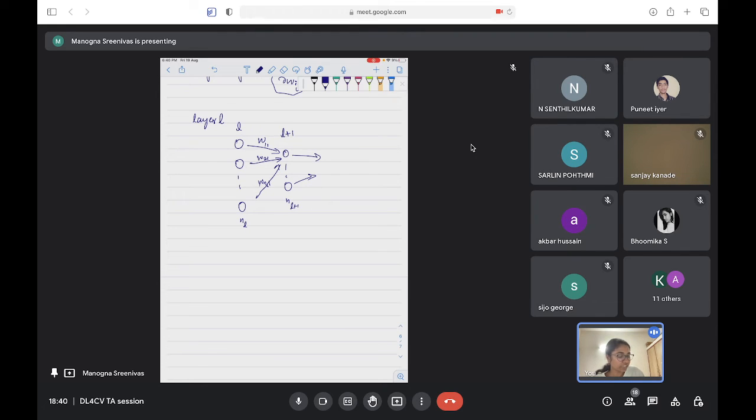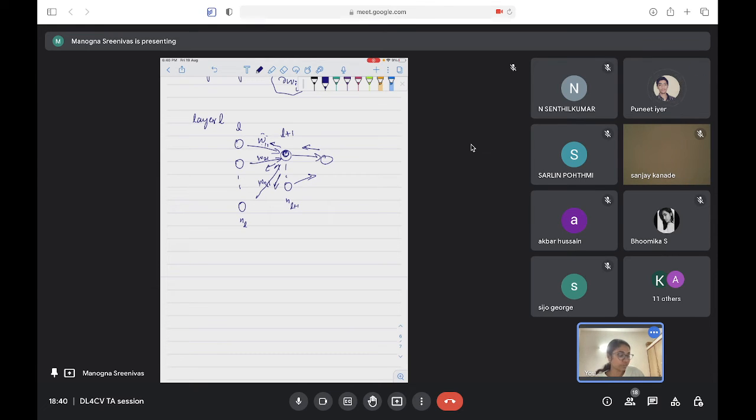Any change in input from here will affect the output of the node in my next layer, right? So when I am backpropagating, if there is some change coming in this direction, that change will be equally distributed among all of these. Each of these deltas will affect my output at this node. That means if I want to minimize some error, I will have to update each of these, because all of these affect my output.